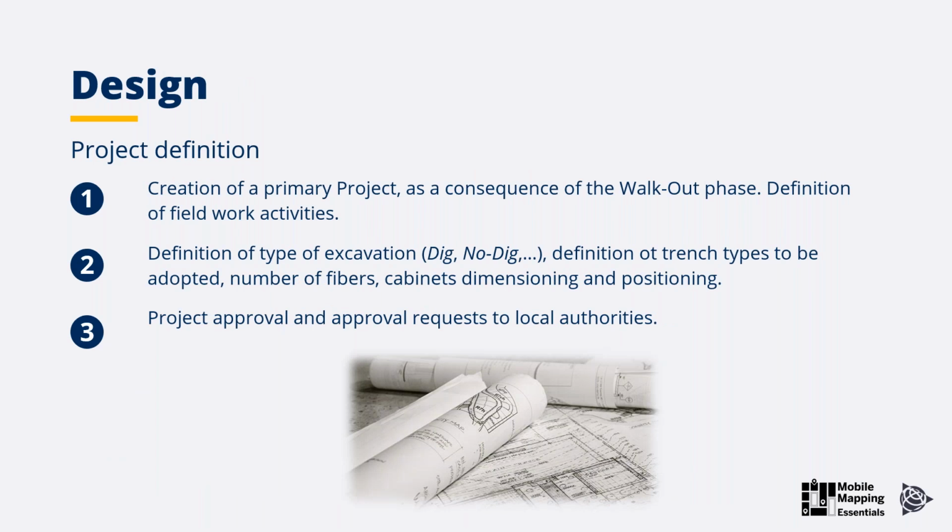Once this information reaches the office, there is the chance to start working on the project definition. So, understanding according to where the line has to be installed, which kind of trenching activity has to be done, maybe the dig approach, the no dig one, maybe using on-the-air cables, and which kind of approvals are needed in order to start this on-site activity.